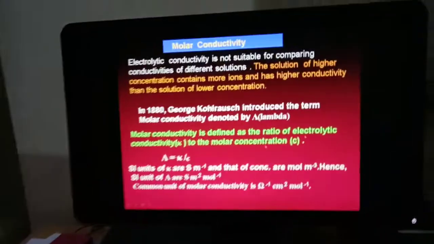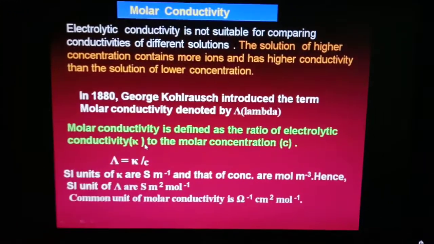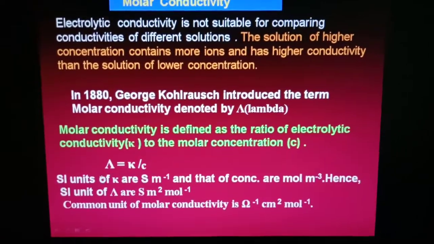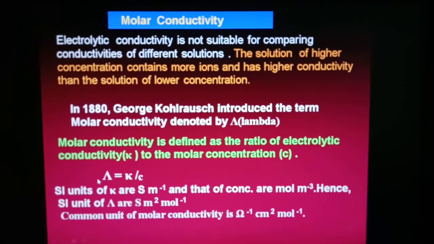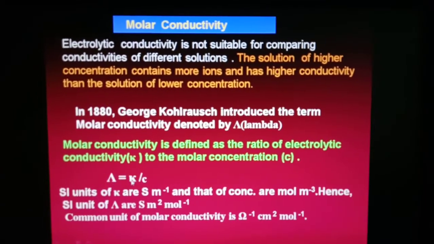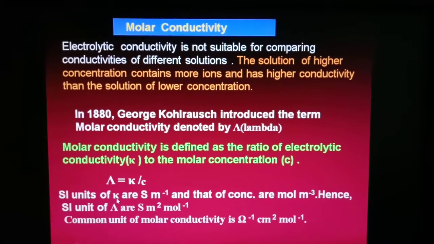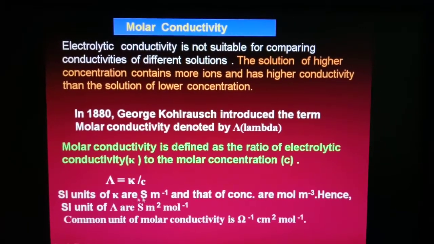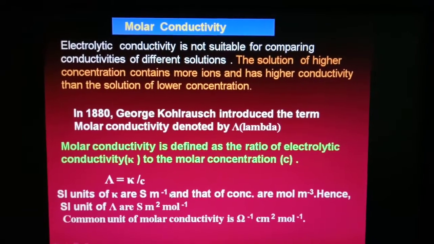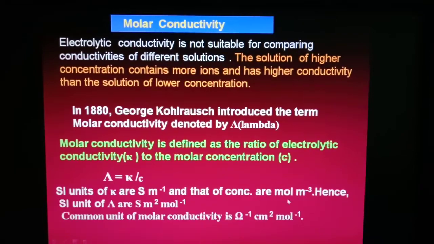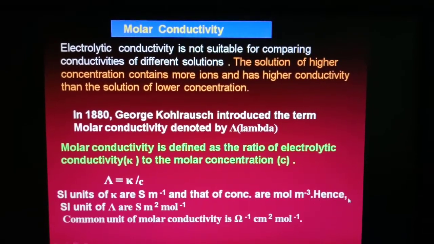The definition of molar conductivity can be written as the ratio of electrolytic conductivity kappa to the molar concentration C. Mathematically, it can be expressed as lambda is equal to kappa upon C. SI units of kappa are Siemens meter raised to minus 1 and that of concentration are mole m raised to minus 3.